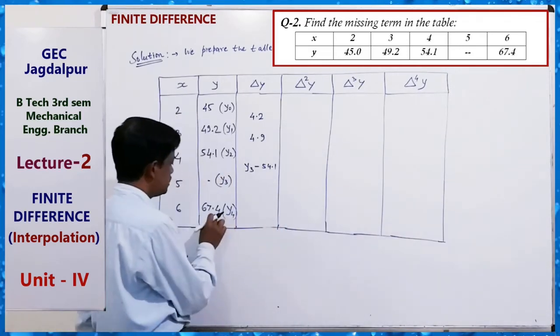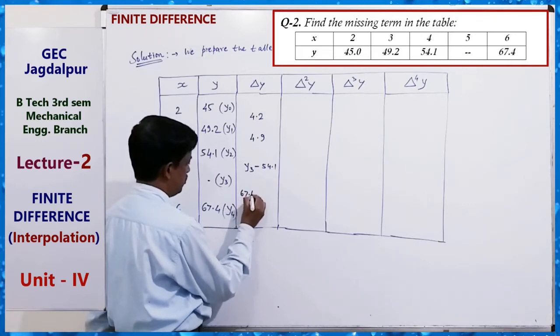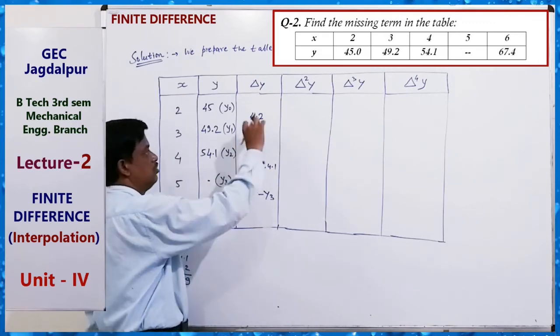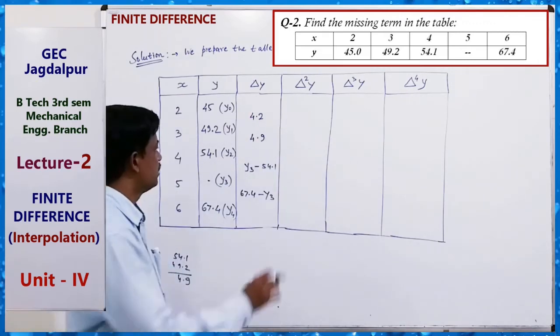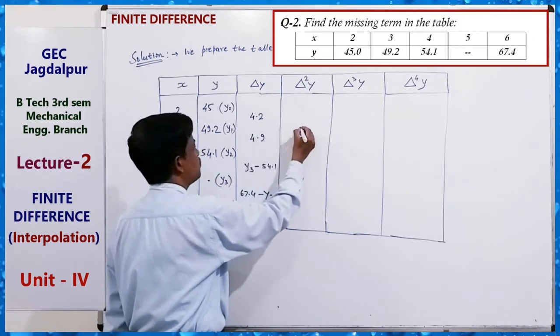Here this minus this, 67.4 minus y3, is the in-between difference. Now 4.9 minus 4.2 means 0.7.